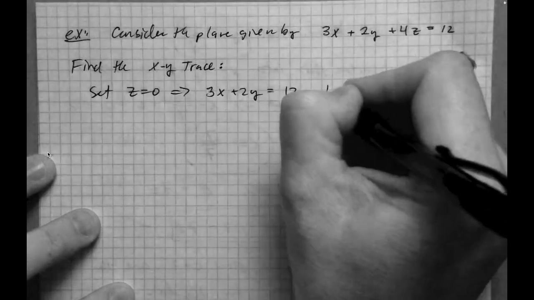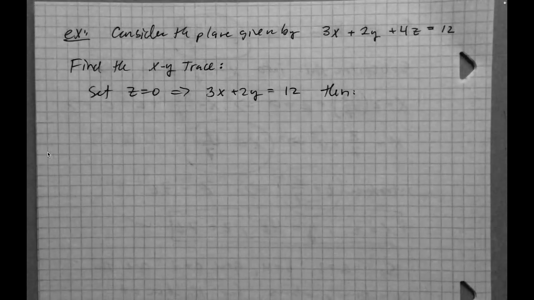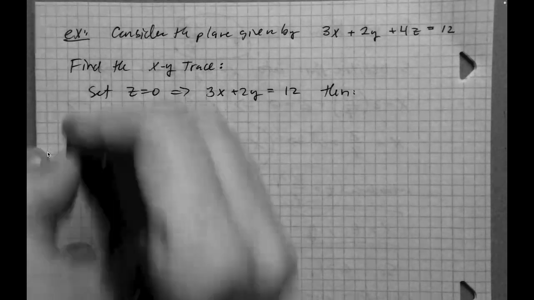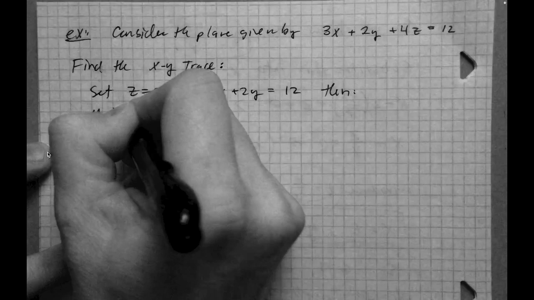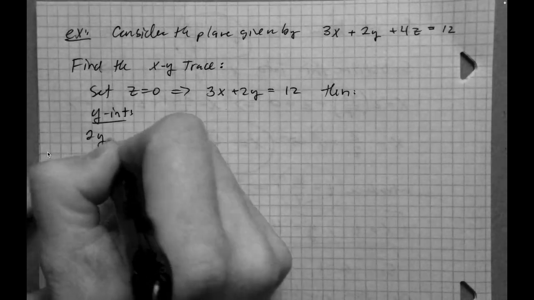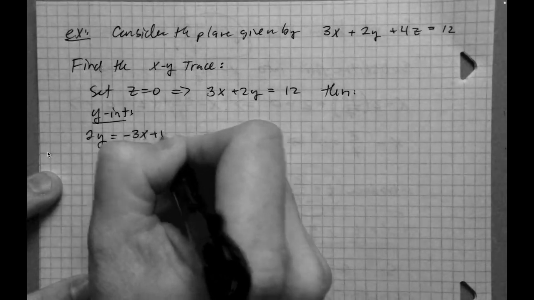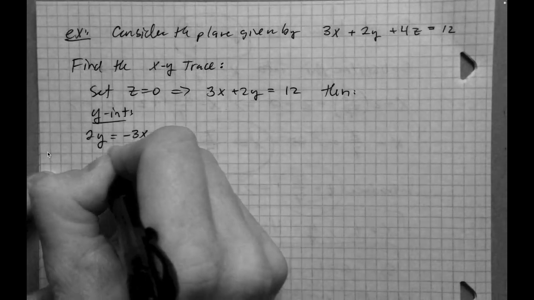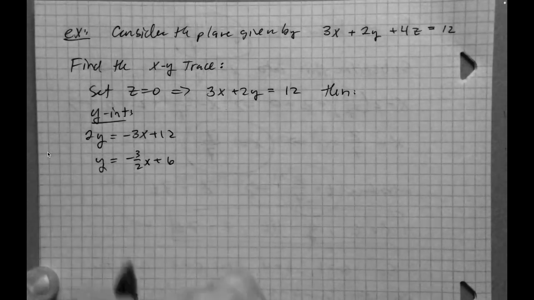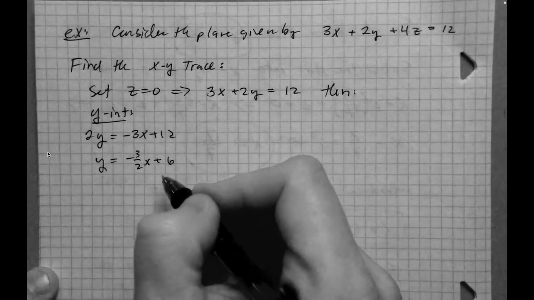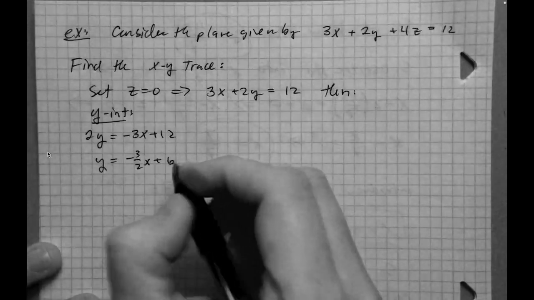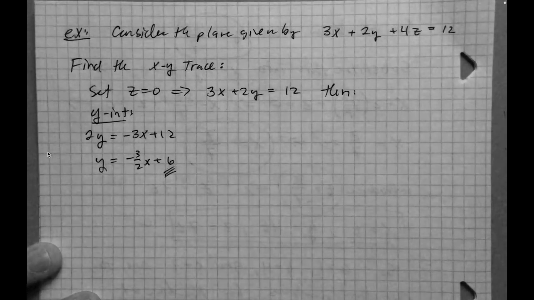Okay, so from the xy trace, we can identify the y-intercept and the x-intercept very quickly. To find the y-intercept, we want to solve for y. So you'd have 2y equals negative 3x plus 12, divide everything by 2, y equals negative 3 halves x plus 6. So this is your y-intercept.